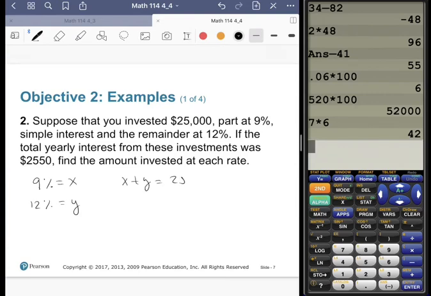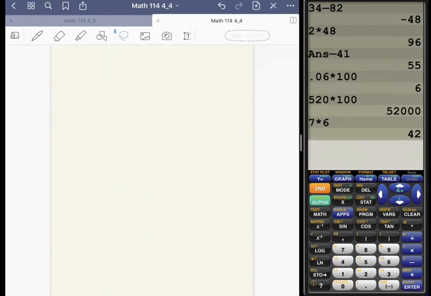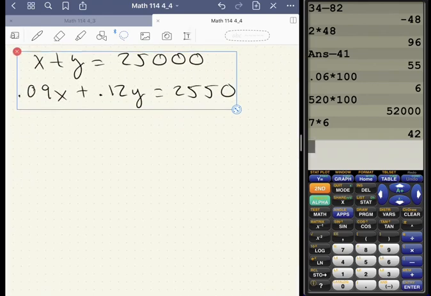So it's x plus y is equal to 25,000, because that's how much was invested, and when we add both investments together, I should get 25,000. Now I have 0.09x plus 0.12y is equal to 25.50.